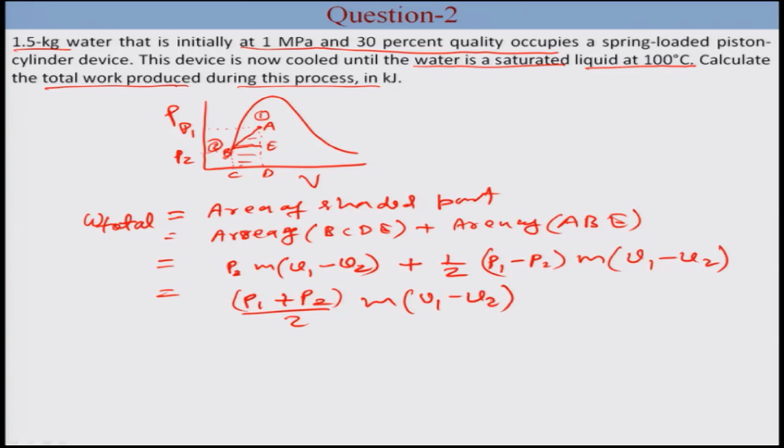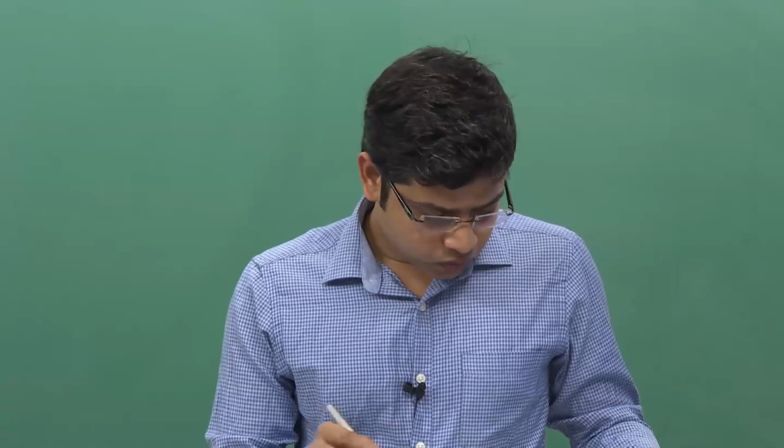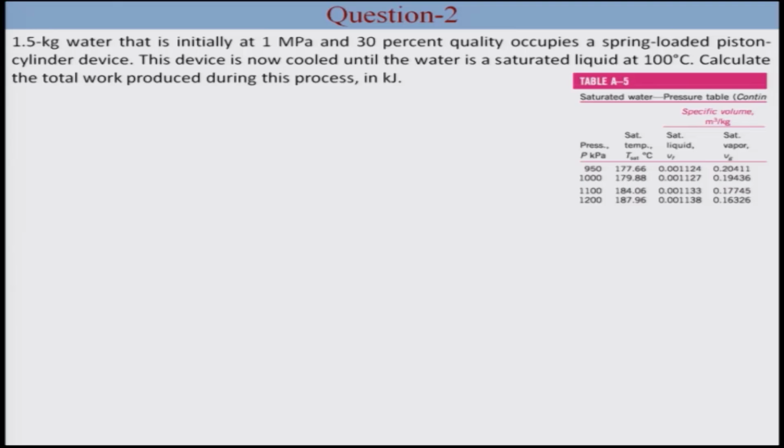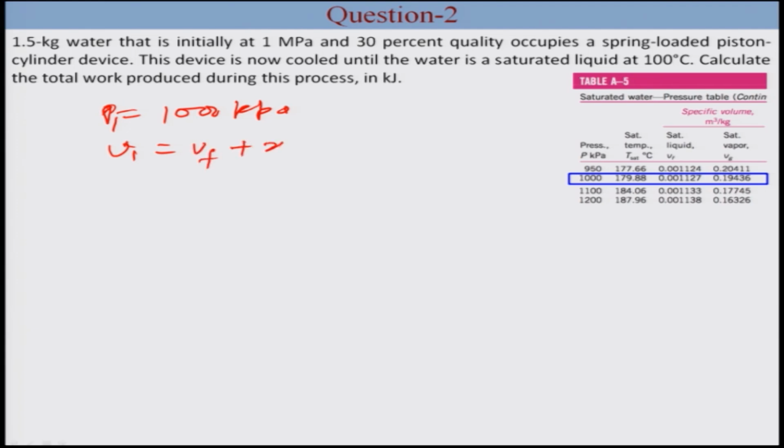Okay, so this is our first expression. Now we need to know the value of these variables P1, P2, V1 and V2. Initially we know P1 equal to 1000 kilopascal, so corresponding V1 can be calculated as Vf plus x times (Vg minus Vf). This value can be taken from the saturated water table corresponding to 1000 kilopascal.